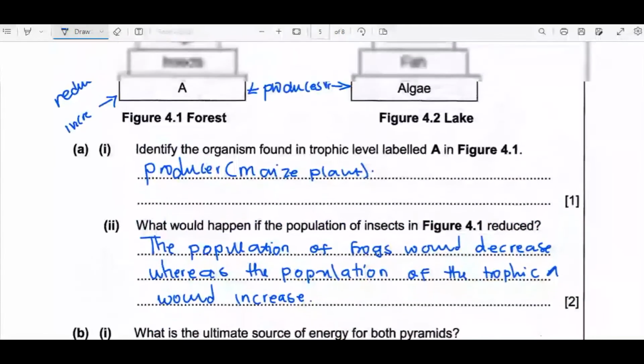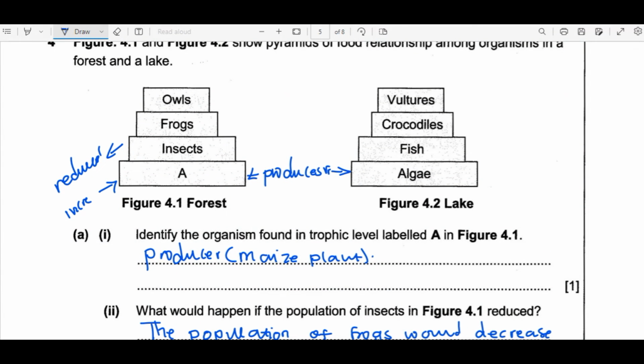So the way it is that if, let's say for example, we have a pyramid of energy, if here there is 1000 kilojoules of energy, so only 10% will be transferred to the fish. So what is the 10% of this 1000? If you do some math, we are expecting 100 will be transferred.